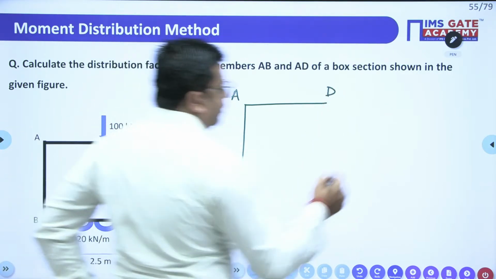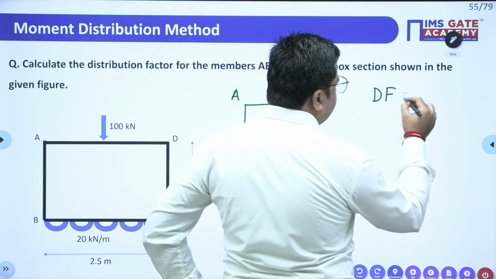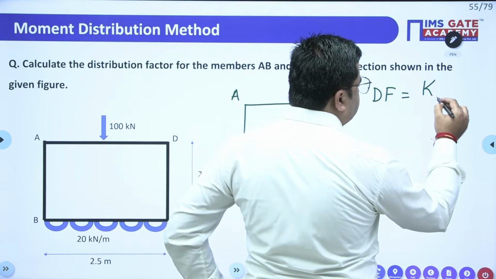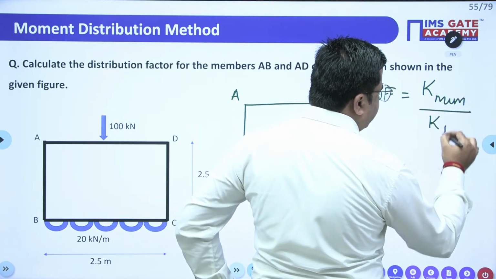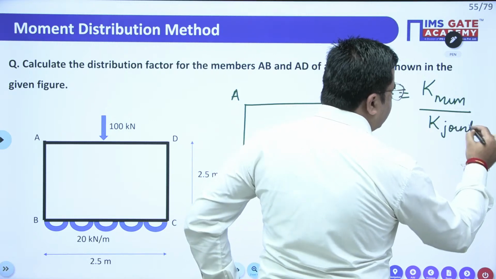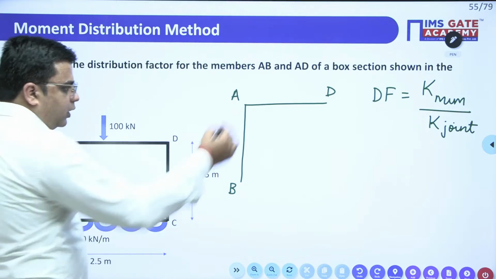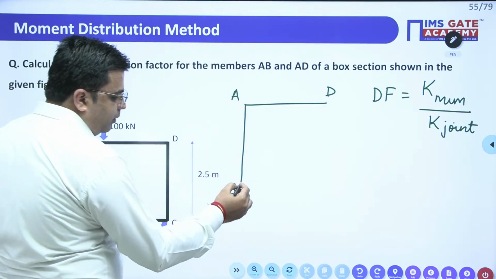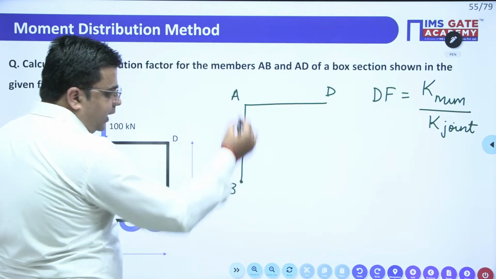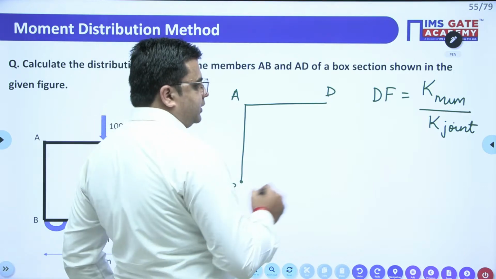In order to calculate the distribution factor, I need to know the stiffness of the members and the stiffness of the joint. If I know these two things, I can very easily calculate the distribution factor. For this member AB, since end B is a rigid joint, we consider it a fixed end.